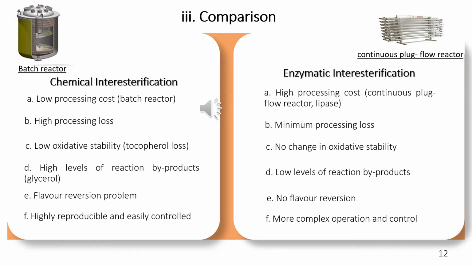Comparison. In this comparison, you will learn about the comparison between the chemical interesterification and enzymatic interesterification. As you have studied that the chemical interesterification occurs in the presence of catalysts such as sodium methoxide, while the enzymatic interesterification occurs in the presence of enzymes such as immobilized lipase.